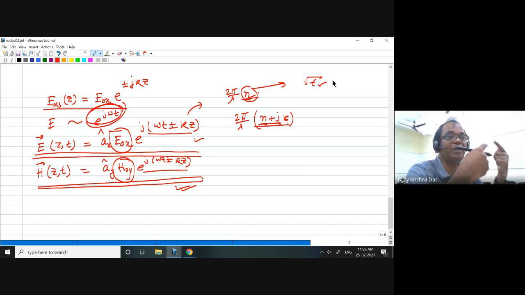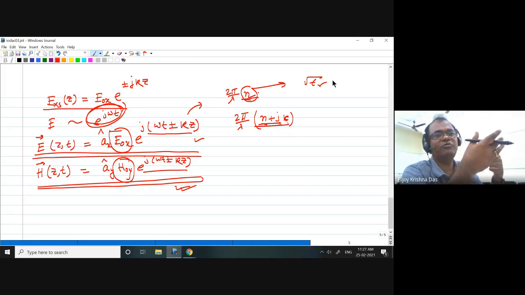You cannot define it. It can have x component as well as y component, and it can have x component, y component, z component of your electric field. Suppose you are considering this direction x, this is y, this is z. You are dealing with an electromagnetic field where the electric field will have all three components or two components.